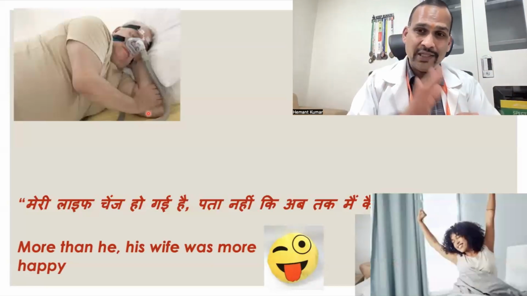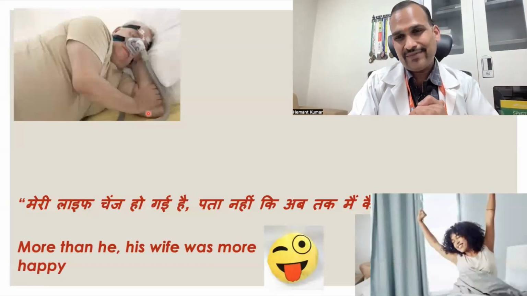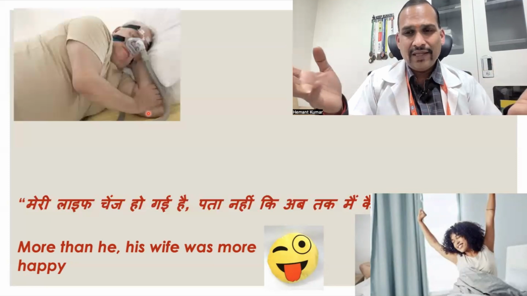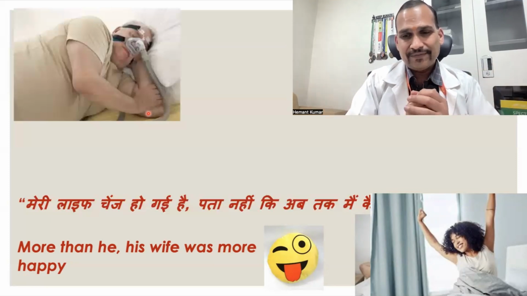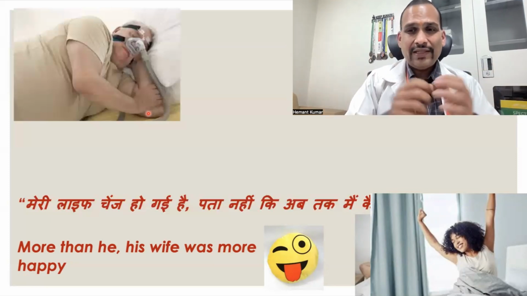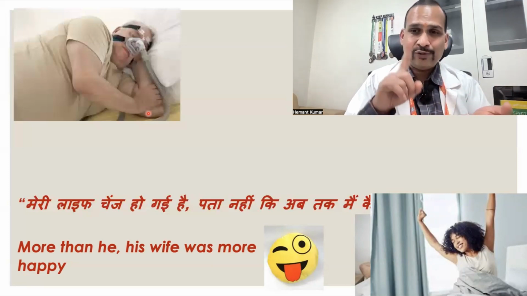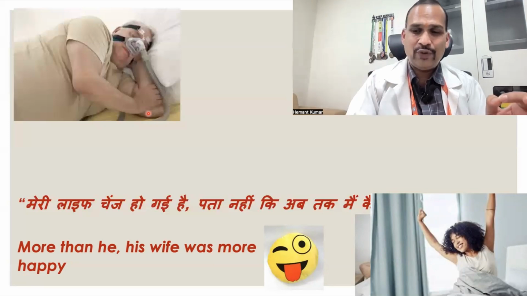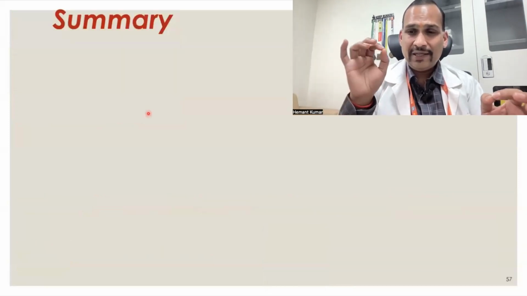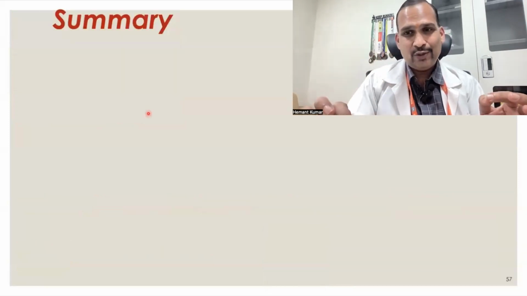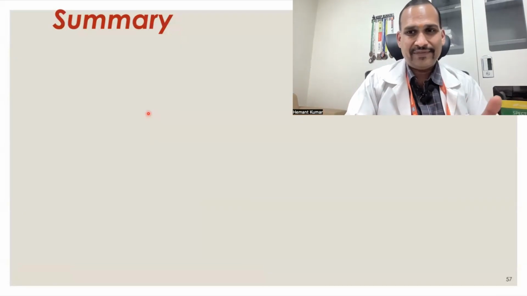She was equally happy, even more than the patient, because now she was having adequate sleep. So CPAP treatment not only treats the patient but also the family members. This is a very good treatment. We have to give treatment to all OSA patients who are having symptoms.